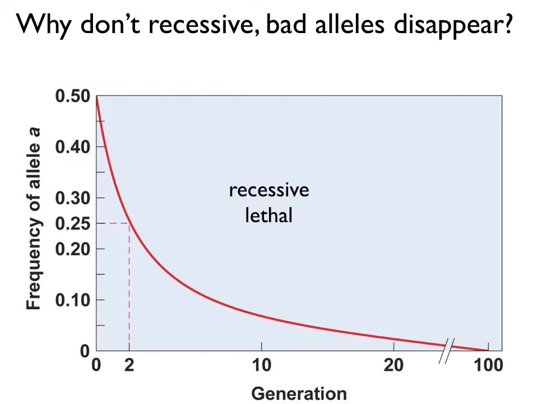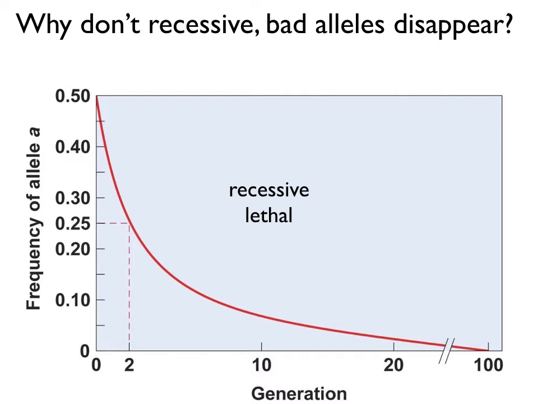It's lethal. The reason it is so slow is that the rarer this allele gets, when it's below 10%, when it's at 5% frequency, remember what has to happen for this allele to actually cause the individual bearing it to suffer. You would have to be homozygous for it in order to die, okay? But if the frequency of this allele gets below, say, 5 or 10%, what's the frequency of individuals that are homozygous for it?